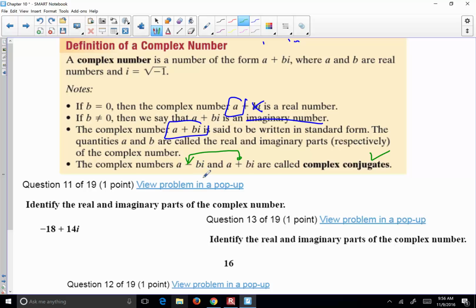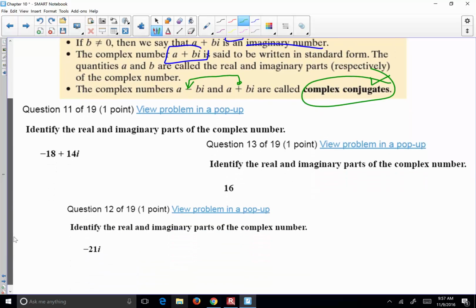It shows up again. Complex conjugates are just opposite signs in the middle: a minus bi, a plus bi. And when you multiply them, they turn into beautiful things. So this is important again. Just like in radicals, complex conjugates help us simplify things and turn them into beautiful numbers.